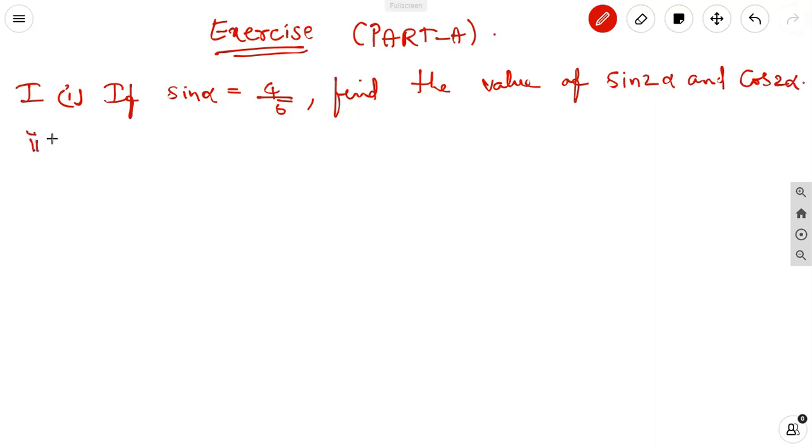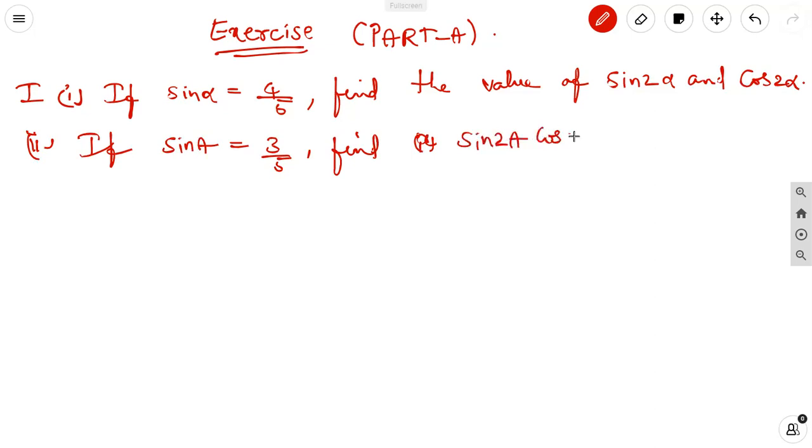Second one is: if sin A equal to 3 by 5, find, in that the first one is sin 2A into cos 2A. Second one is sin 3A.